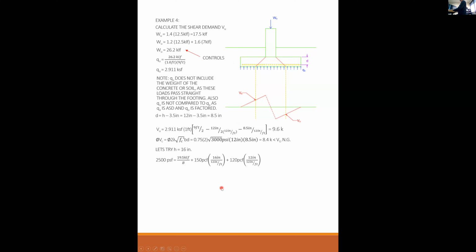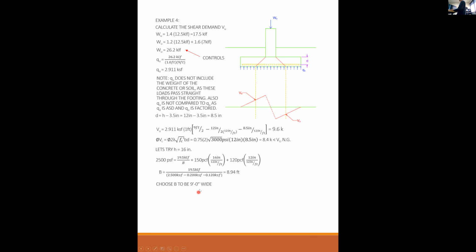So we go all the way back to the beginning and we solve for B. Why? Because 16 inches adds more concrete weight to my soil pressure. So I need to reconfigure. Everything's exactly the same as before, only instead of 12, now it's 16. And that produces a B that's slightly bigger than it was before. Now I need 8.94 feet.